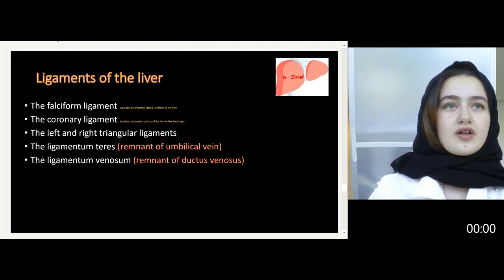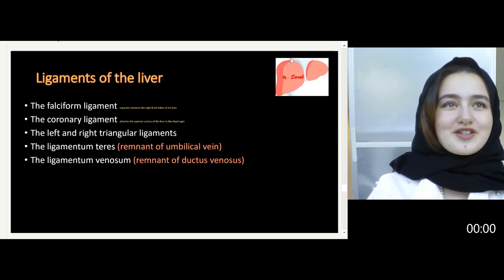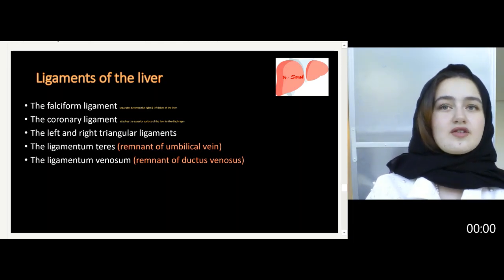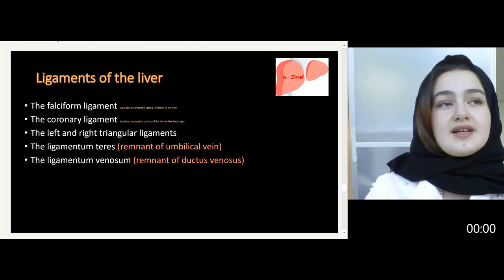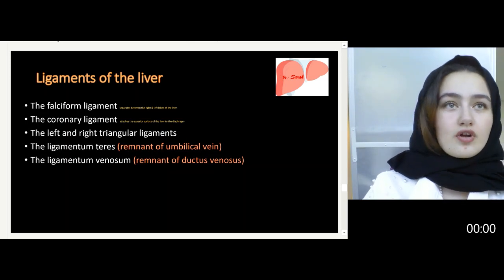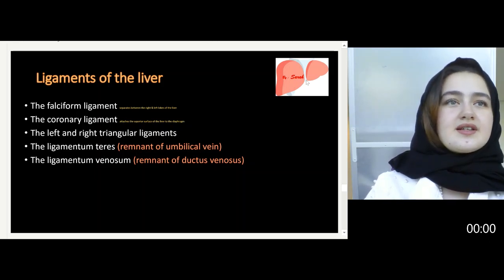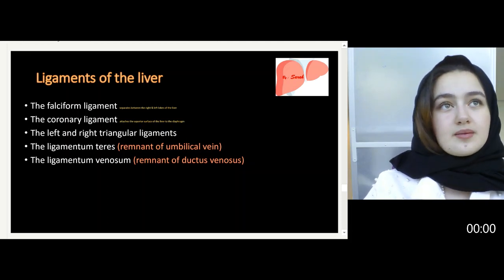This is the coronary ligament, the one on the superior surface of the liver. And then we have the left and right triangular ligaments, the ligamentum teres, which we said is a remnant of the umbilical vein, and we have the ligamentum venosum. Ligamentum teres is here, and it is also called the round ligament sometimes.